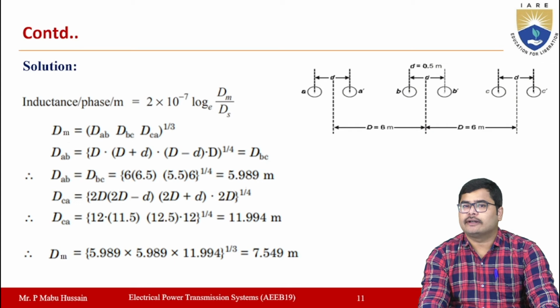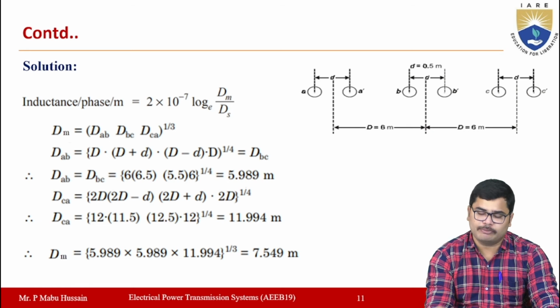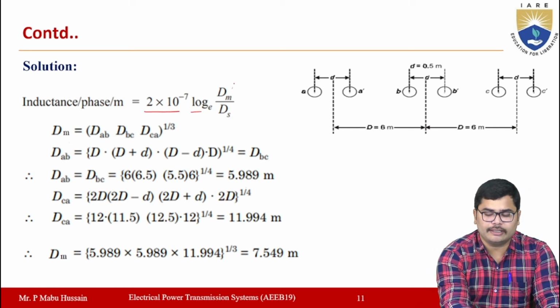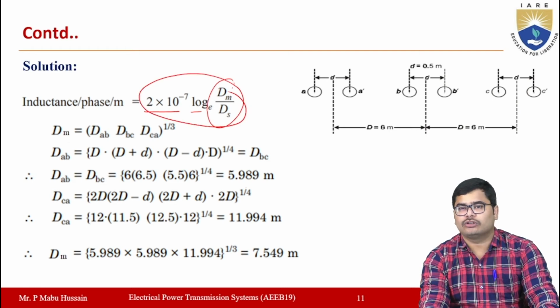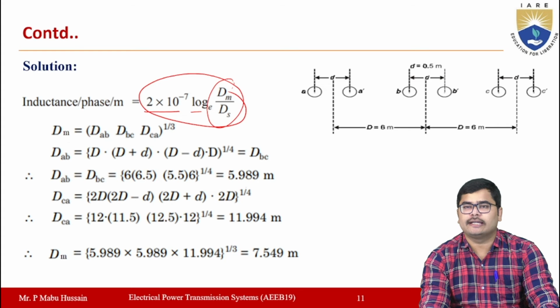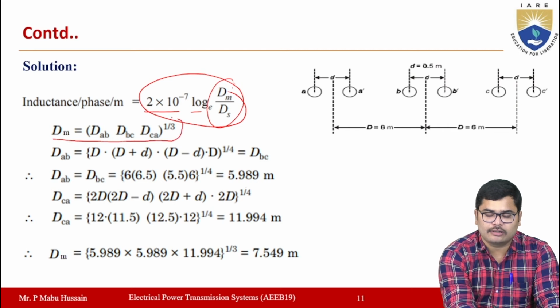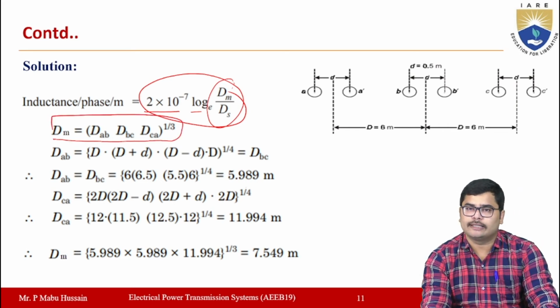The inductance per phase per meter length of the transmission line will be 2 into 10 power minus 7 ln dm by ds. The expression will be the same for any case, but only the values of dm and ds will be different. The value of dm you can calculate using the expression dab, dbc, dca whole to the power of 1 by 3.